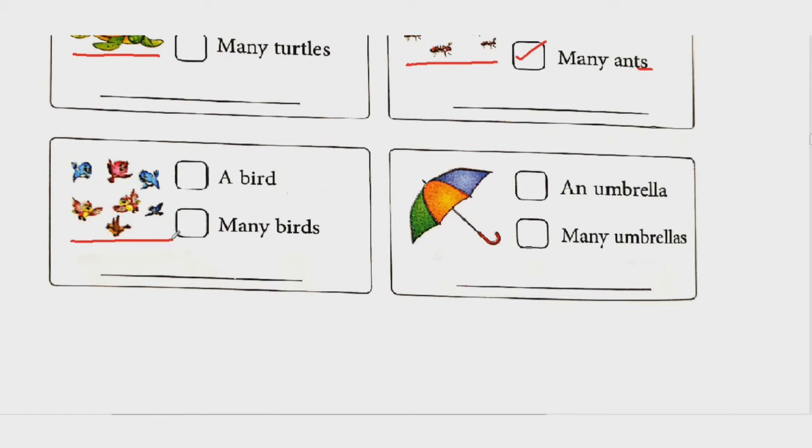There is one bird or more than one bird? More than one. So we will tick on many birds. What is this? Umbrella. Right? So umbrella एक है या एक से ज़्यादा? It is only one in number. So use an umbrella because it sounds like a vowel. So students, I hope you have understood this question.